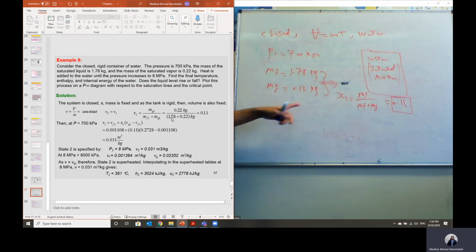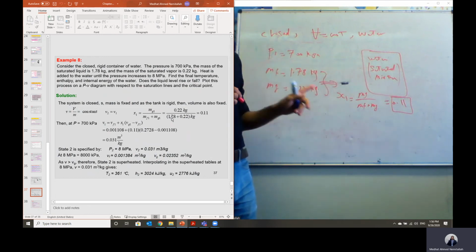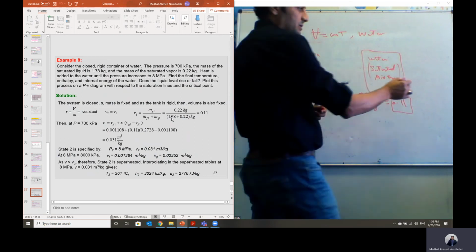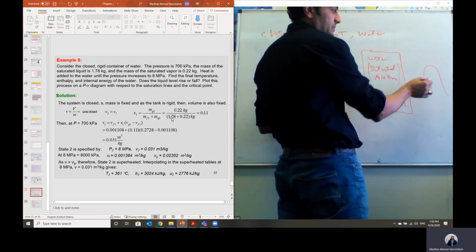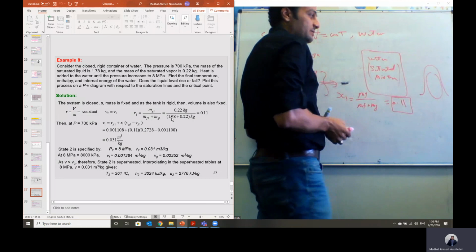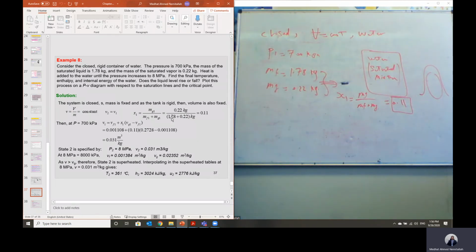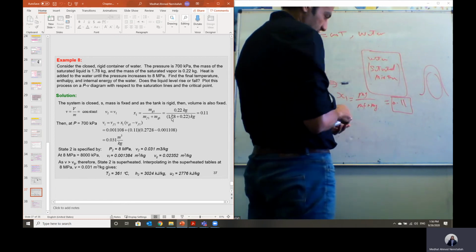As the quality is given, in this case the state is a saturated mixture, because this parameter X cannot be applied outside the saturation curve. But he said we have added heat to this system.